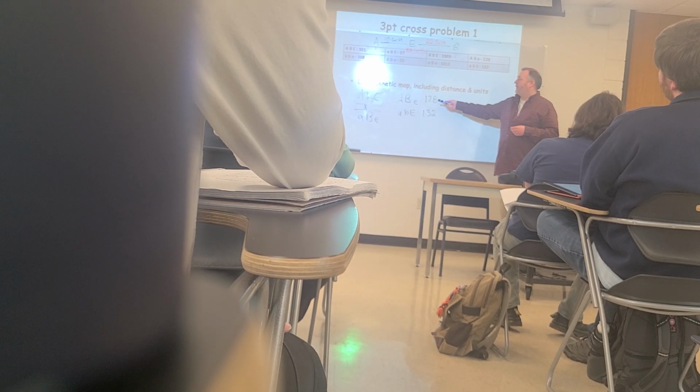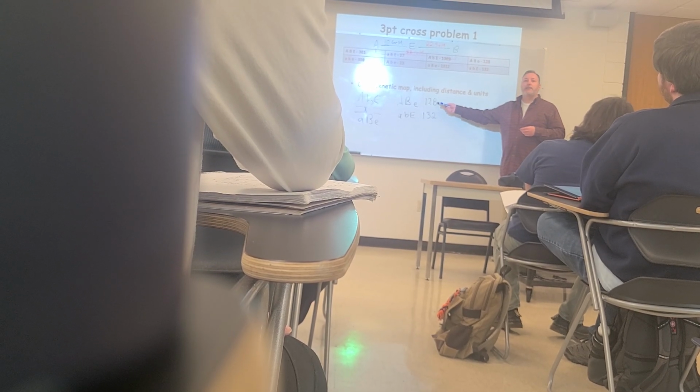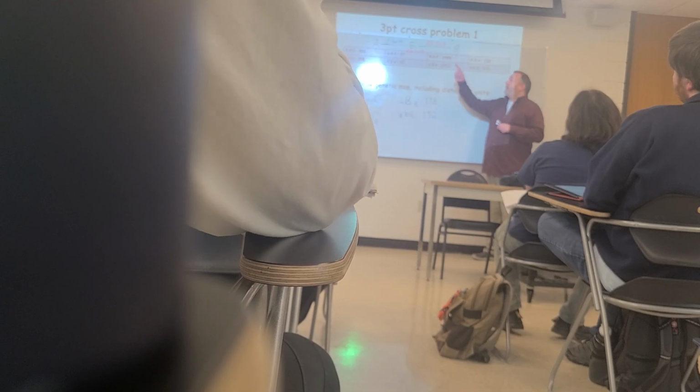What distance did we get when we used these two numbers? When we do a crossing over here, we're trying to calculate the distance between A and B. Does anybody see the problem? A and B is actually 33.1.